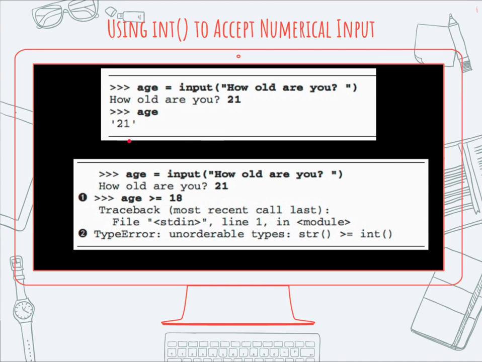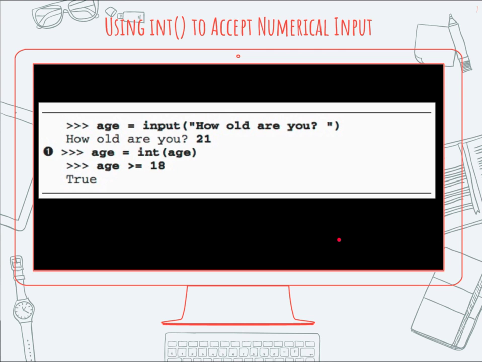If all you want to do is print the input, this works well. But if you try to use it as a number, add 2 to it, or compare it to a number, you get this error. String, integer, not compatible. We can resolve this issue by using the int function, which tells Python to treat the input as a numerical value.